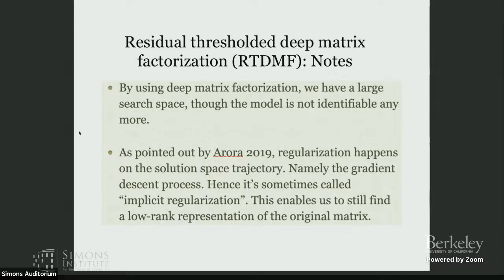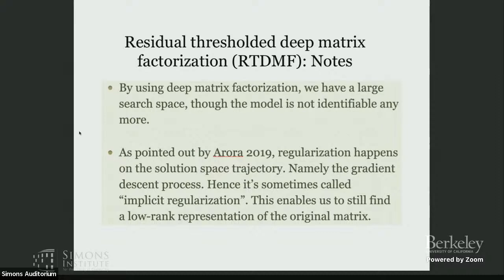For deep matrix factorization, the search space is large and it's not an identifiable problem at all. But the optimization procedure or the regularization introduced here limits the search path. So basically we are finding a suboptimal solution in a very large search space.